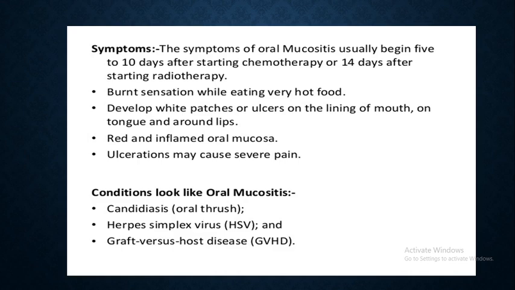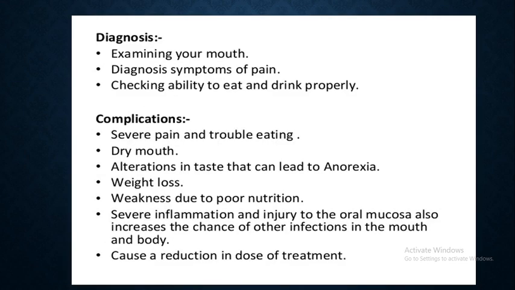Then there are some other conditions which look like oral mucositis. What are those? Candidiasis or oral thrush, herpes simplex virus HSV, and graft versus host disease GVHD. To diagnose oral mucositis, we have to examine the mouth, assess symptoms of pain, and check the ability to eat and drink properly.